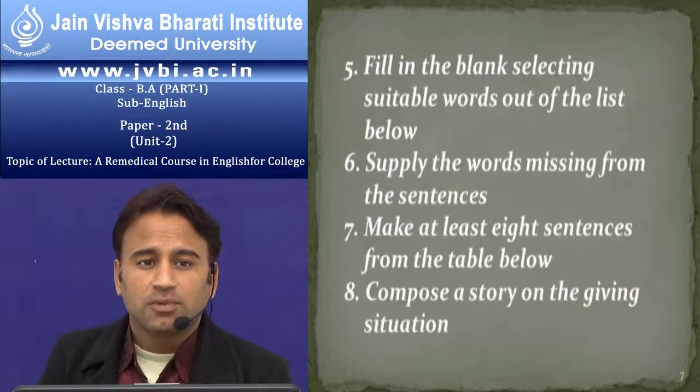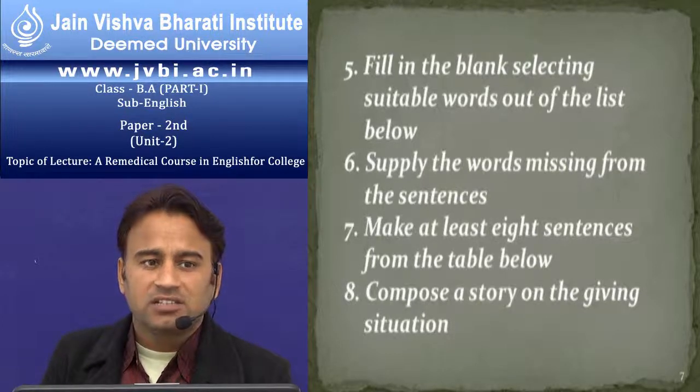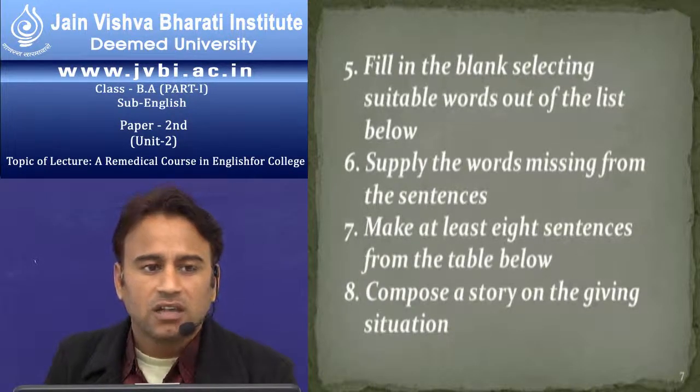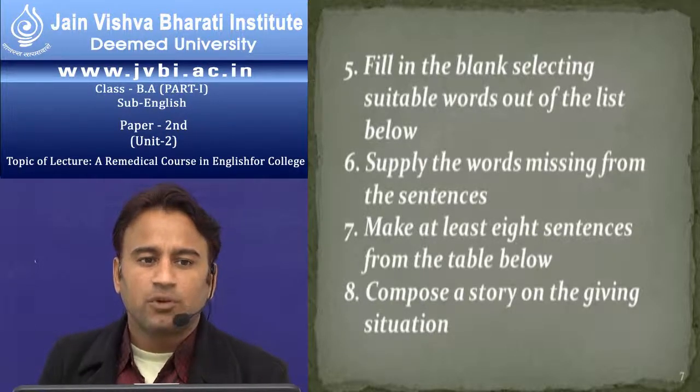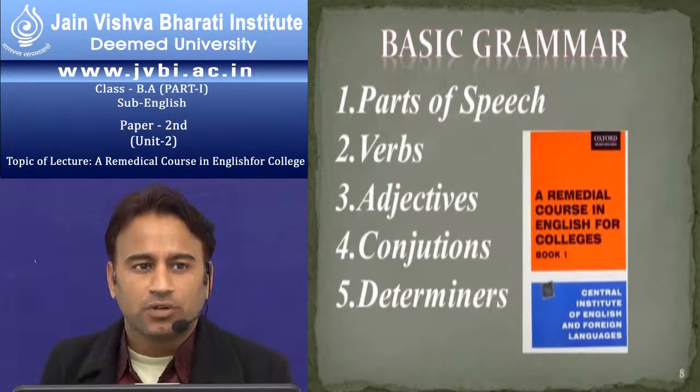Supply the words missing from the sentences, and then make at least 8 sentences from the table below. It is a good exercise for college students. And then compose a story on given situations, which develops the composing skill of the students. All these exercises are given in this book.